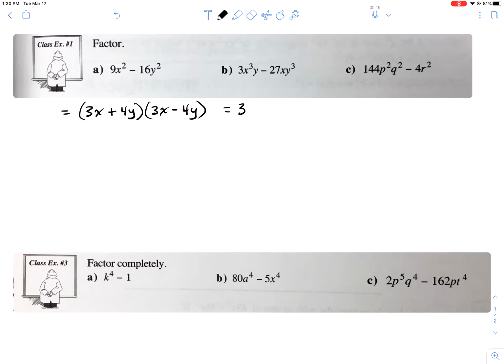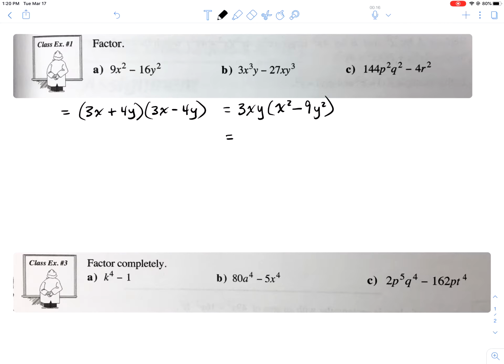Both of these terms have x's, and both of these terms have y's. So I can factor that out. What multiplies 3xy to get 3x cubed y? Well, x squared. If we multiply those two together, we get this, right? So now I can subtract, 3 times 9 y squared.